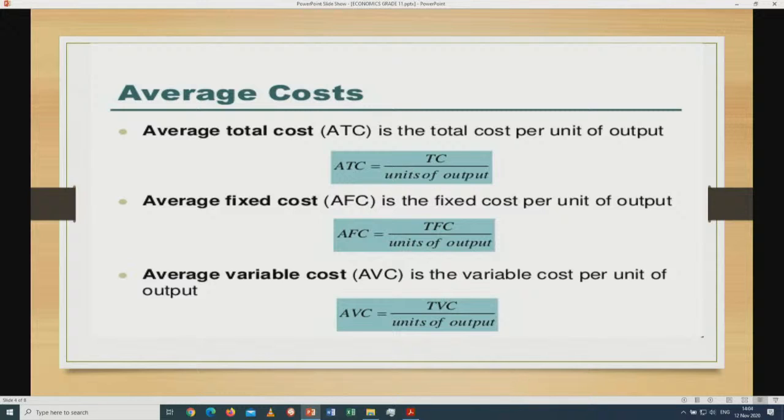Remember, we also do the average when you look at the learners' marks. We take the total marks, and then what do we do to the marks? We divide them by the number of learners. And we say approximately, more or less, this is what the marks are per learner. That is the average. Okay, that average total cost is the total cost per unit of the output.